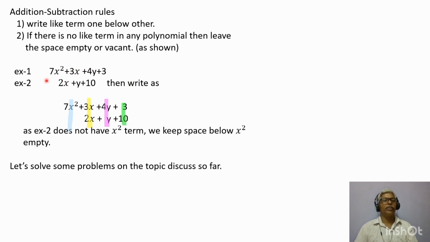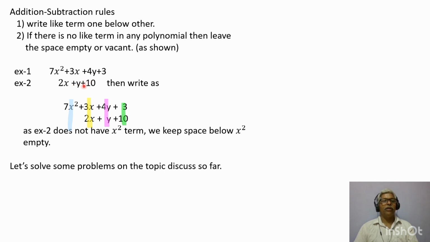We have example 1, 7x square plus 3x plus 4y plus 3, some arbitrary example. And another example is 2x plus y plus 10. Then while solving, either adding or subtracting, you write these all in this order.